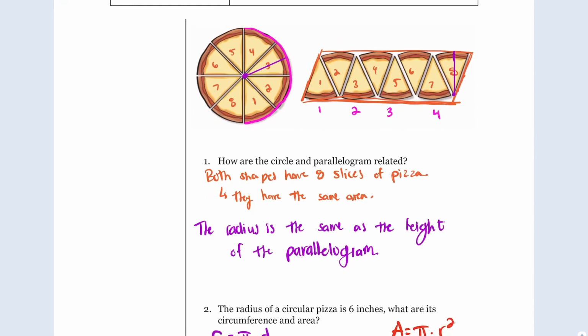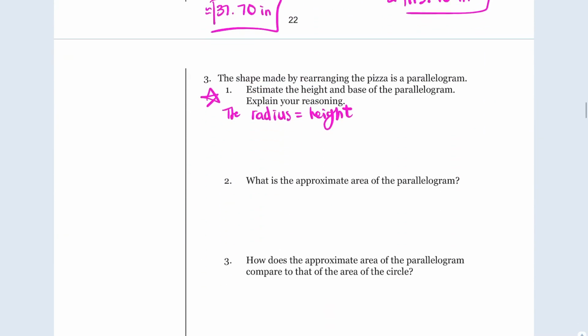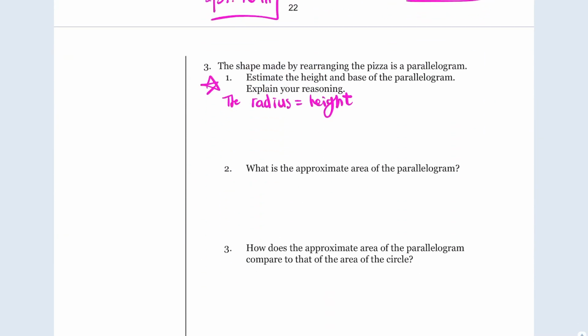So one might even say that these 4 slices are half of the circumference. So the base of the parallelogram is half of the circumference.